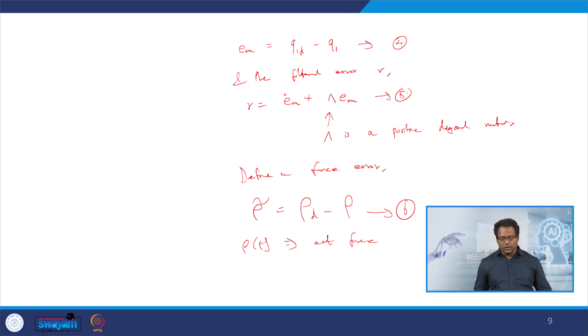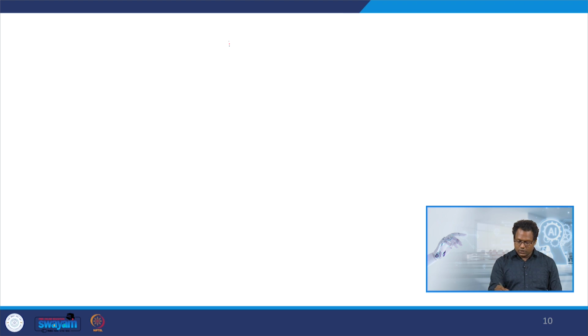Now, differentiating the filtered tracking error and substituting that back into equation 2, we get the reduced order dynamics in terms of the filtered error, given by B bar R dot equal to minus C1 bar R plus L transpose f of x plus L transpose tau d minus L transpose tau.